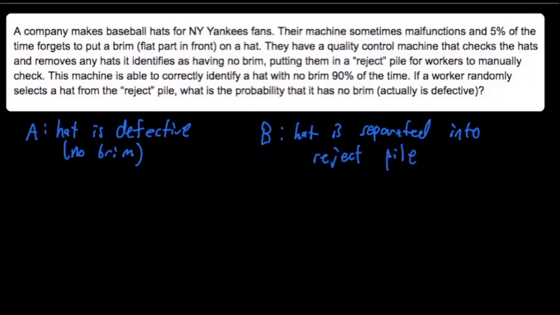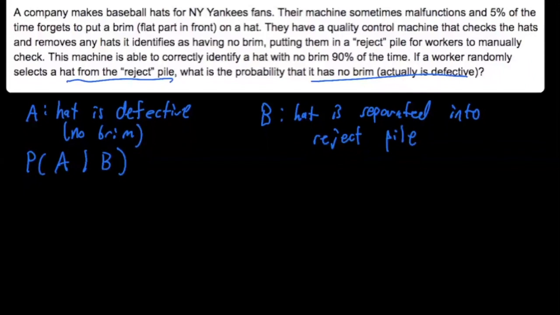So assuming that the hat is in that reject pile, what is the probability that it is a defective hat? In other words, here we're trying to answer the question, the probability of A, that the hat is defective, given that B has already occurred.